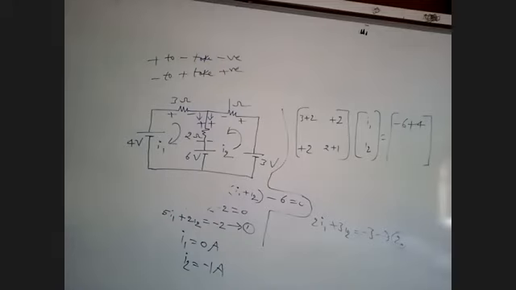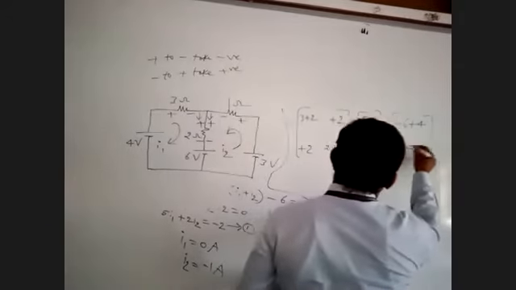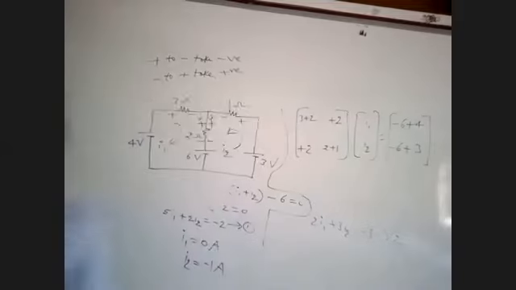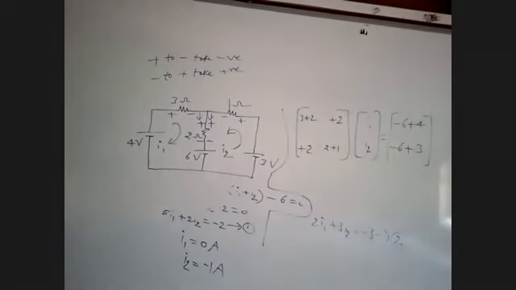In the second loop, we are having 2 voltage sources, 6 and 3. I2 is flowing from plus to minus, that's why -6. I2 is flowing from minus to plus, that is +3. We have completed the voltage sources.